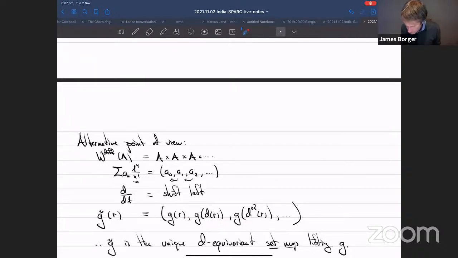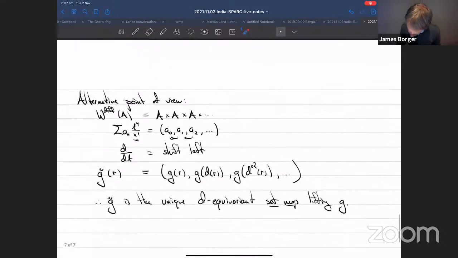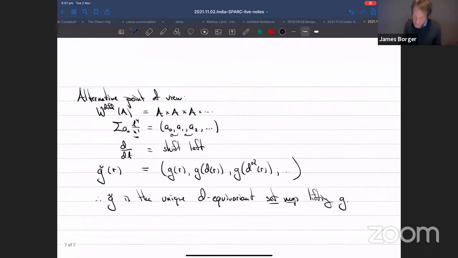If you take this vector and then shift, it has to be the same as if you first applied the derivative to R and then made the corresponding vector there. So you get that all the other terms are exactly as written. So in fact, G tilde is the unique D-equivariant set map lifting G.